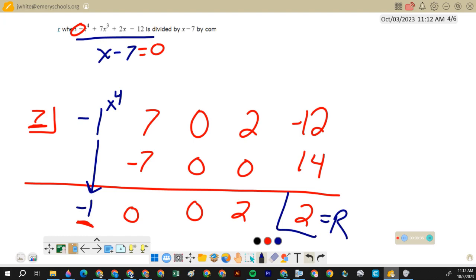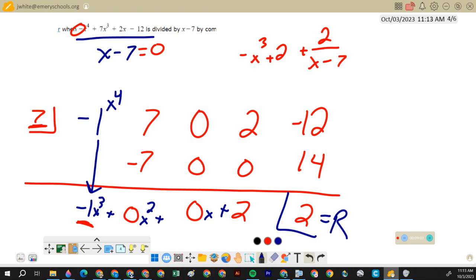So my new coefficients are negative 1x to the third plus 0x squared plus 0x plus 2 with a remainder of 2. So the answer is negative x to the third plus 2 plus 2 over x minus 7.